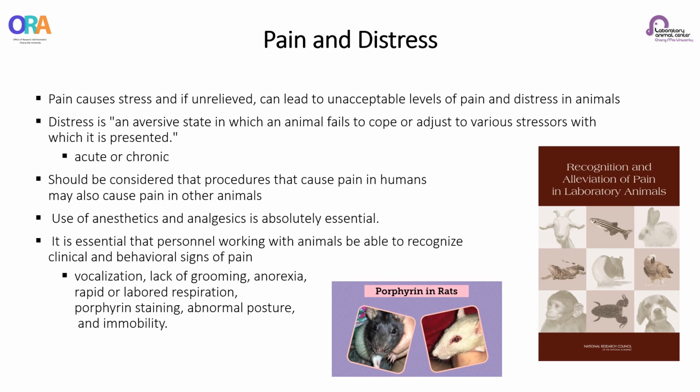The National Research Council's publication, Recognition and Alleviation of Pain in Laboratory Animals, is an excellent resource on this topic. In general, unless the contrary is known or established, it should be considered that procedures that cause pain in humans may also cause pain in other animals.